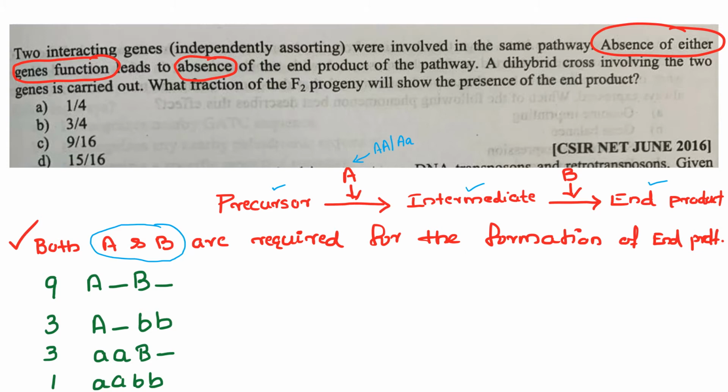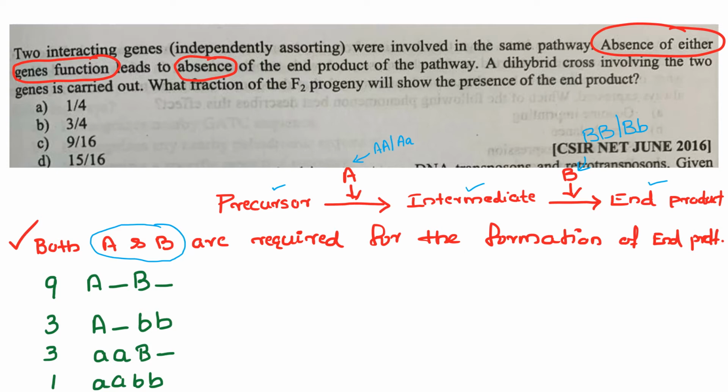Then the intermediate is converted to end product by the dominant form of gene B encoding enzyme B. Dominant form of gene B means capital B capital B or capital B small b.